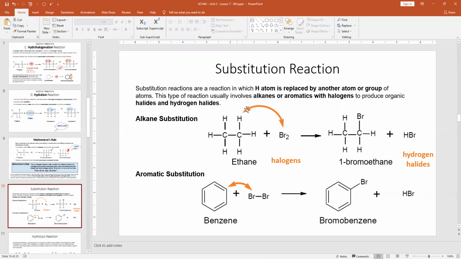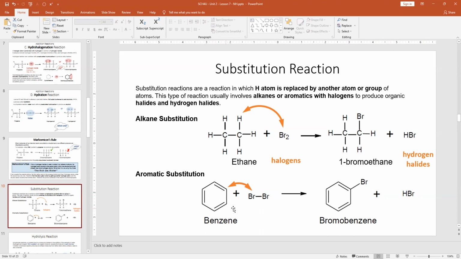So these switch places, and you get the bromine going here, and this hydrogen binds to this other bromine, and you get bromoethane, which is a bromoalkane, and hydrogen bromide, which is a hydrogen halide.